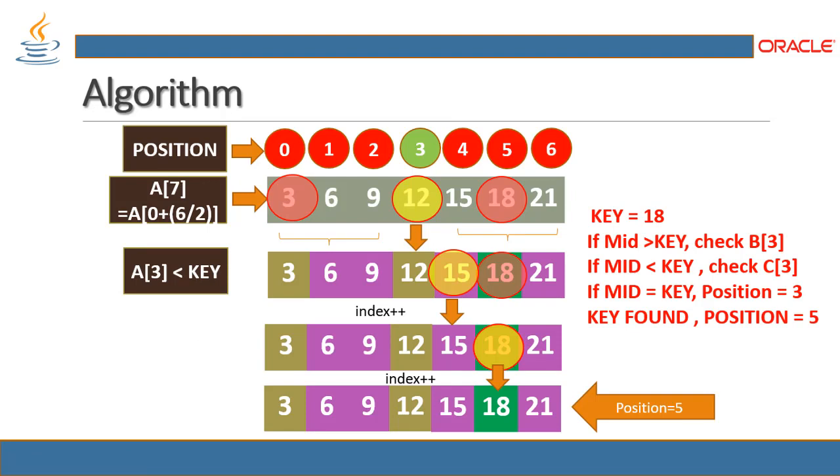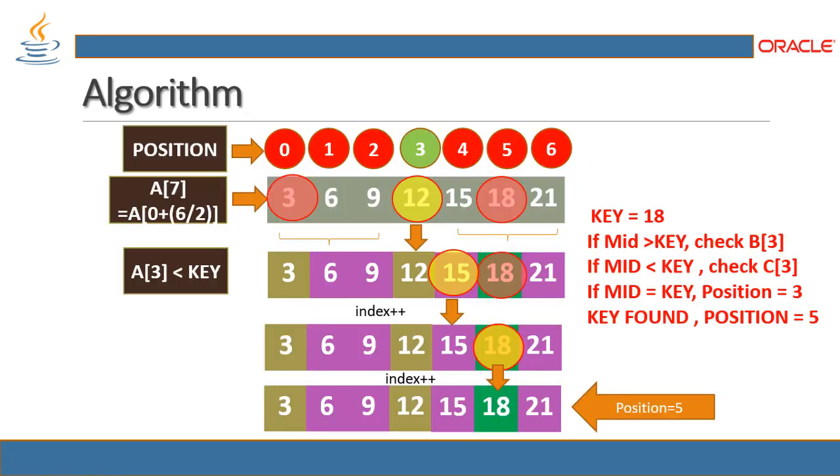I am taking an example of a list which has 7 elements: 3, 6, 9, 12, 15, 18, 21. This list is stored in an array, and the array has indexing, with positions 0, 1, 2, 3, 4, 5, 6. The first thing we need to do is divide.